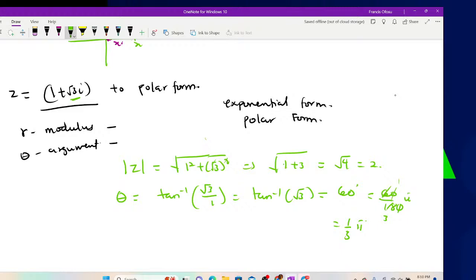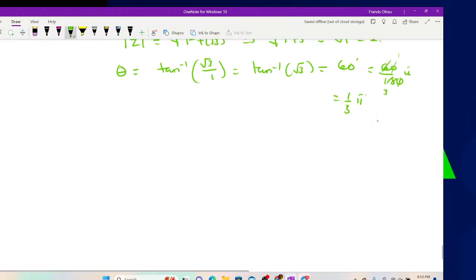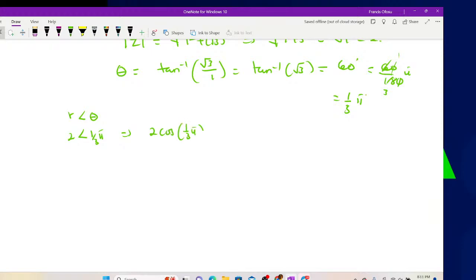So the polar representation, as the question asked us, is simply r angle theta. So I'm going to have r, which is equal to 2, angle 1 over 3 pi, which is also equal to 2 cos 1 over 3 pi plus i, open bracket, 2 sine 1 over 3 pi.